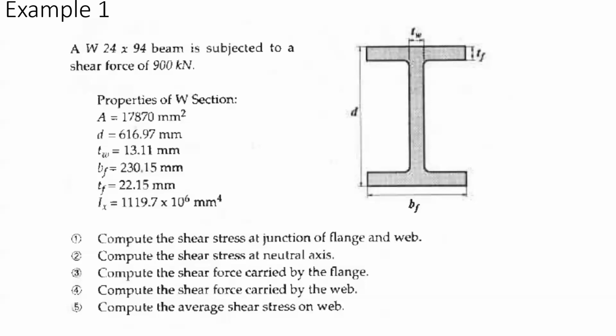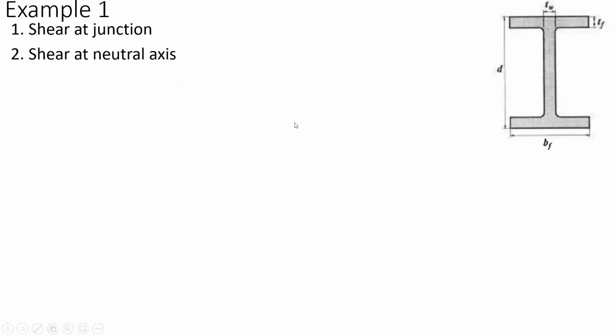Okay. So first, let's go to, there we go. For this one, we have example 1. Shear at the junction and shear at the neutral axis.